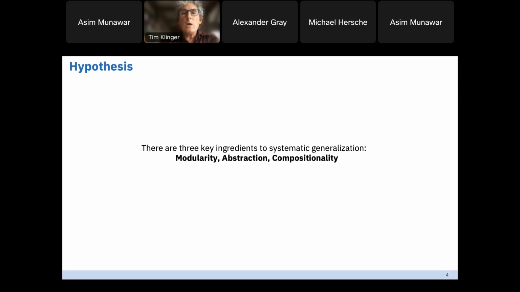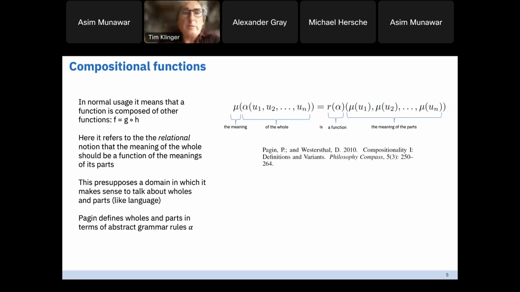Before I launch into the model that we use and all the details, I want to show you the motivation here, how we're capturing what we're doing in a more formal way.